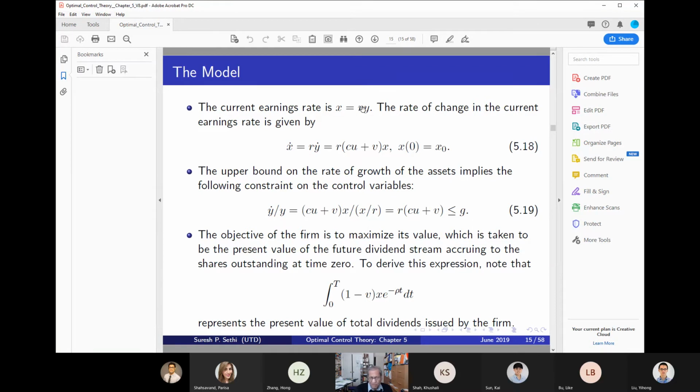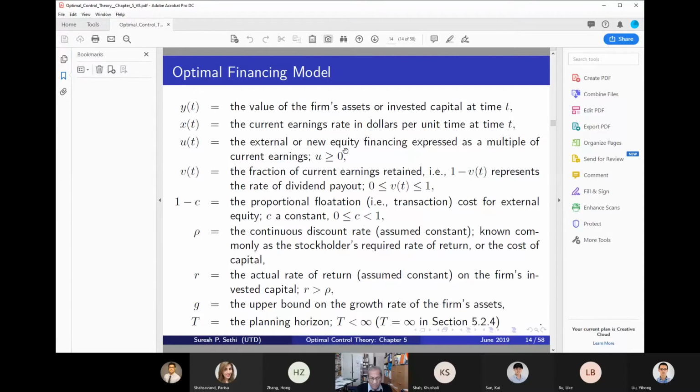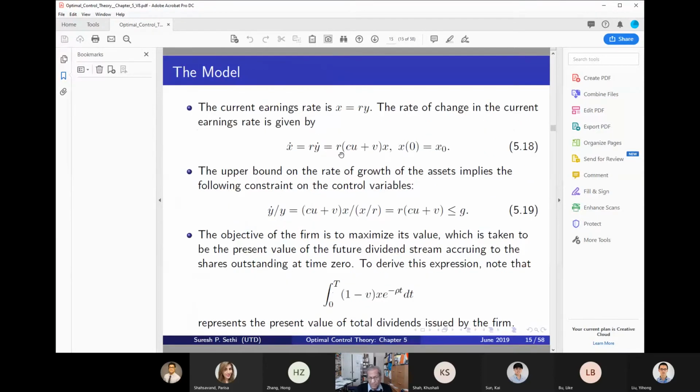So first of all, write the equation. X dot is just R Y dot, and we already know what Y dot is. Y dot is R times (C U plus V) times X. So what is Y dot?